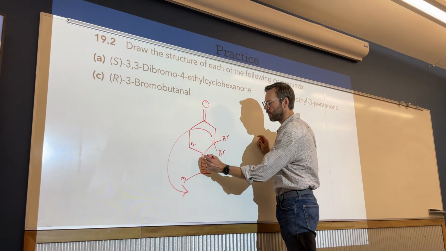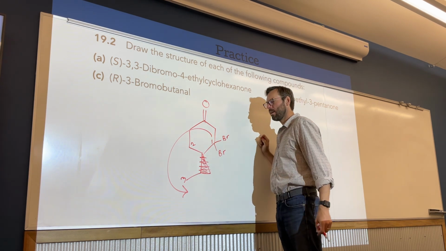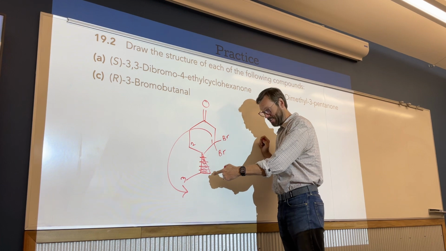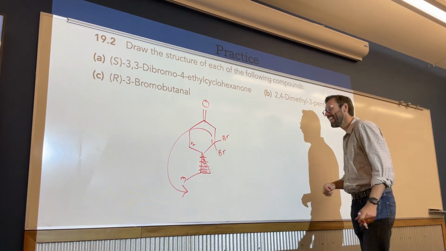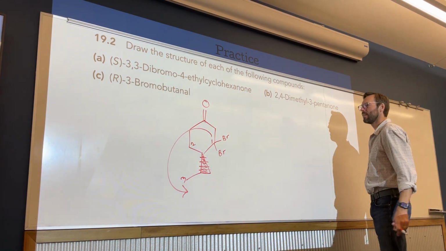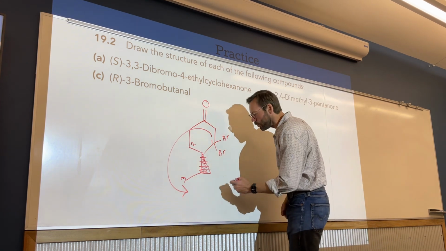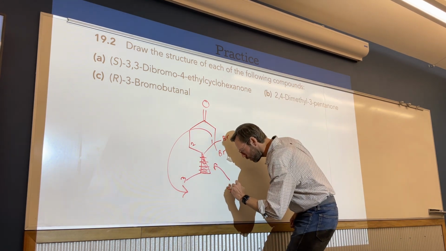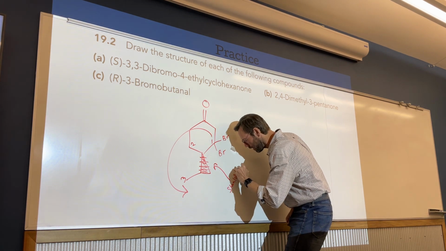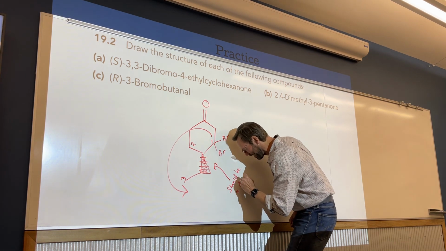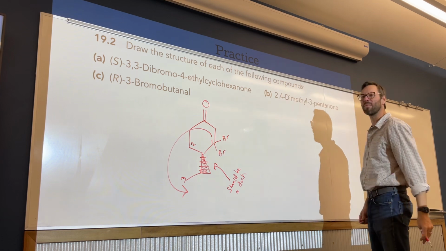Probably best to erase it, because otherwise it looks like both: is it a dash or a wedge? But if you said it should be a dash, I would accept that.